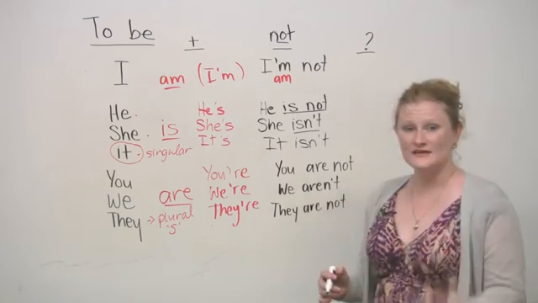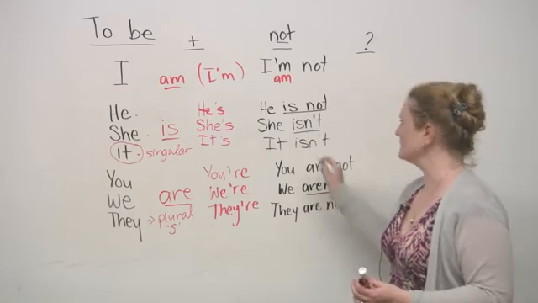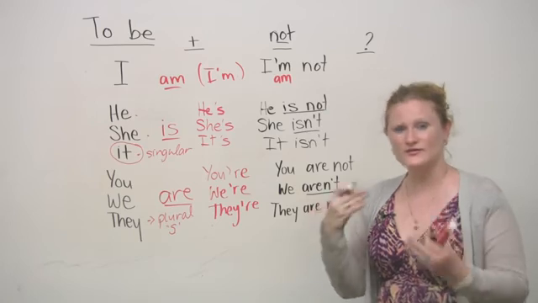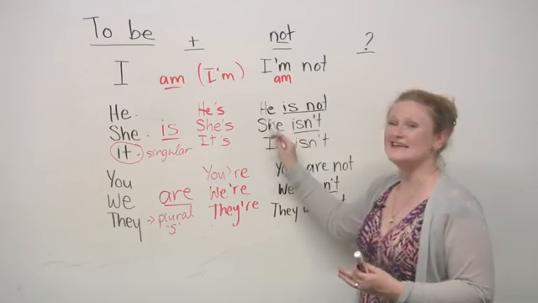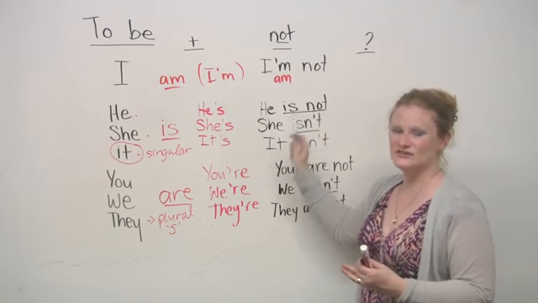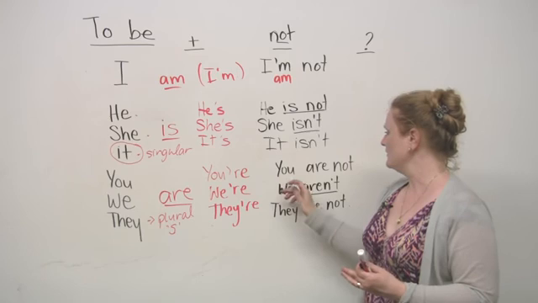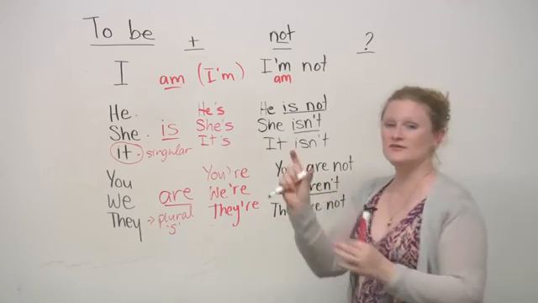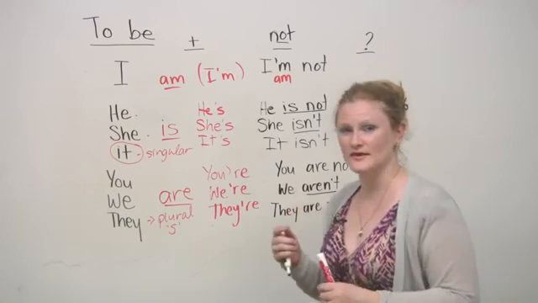If it is difficult for you to say aren't or isn't, don't worry. If you want to start, you can practice saying he is not, she is not, I am not, you are not. Then when you feel comfortable, you can change it and shorten it. It'll be easy once you practice a couple times.